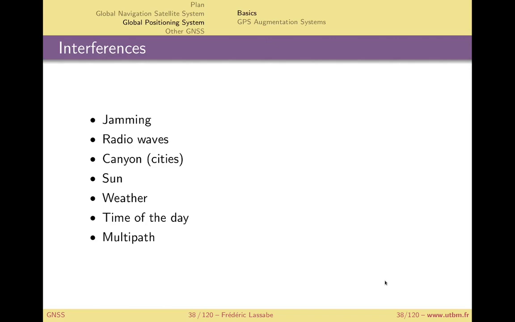The sun and its activity can have some adverse action on the GPS signals, the weather too, so the signal doesn't go through with the same quality through rain and so on as in clean and good weather.